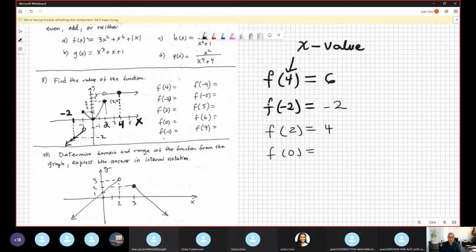The point is (0, 0), so f(0) is 0. Negative 1 is very, very confusing, because negative 1 is here. In what direction am I moving, upward or downward? Oh, upward, because I see here that the circle is completely full and that one is empty, and the function is defined at the full one, not the empty one. So the answer is 1. Do you see that or no?